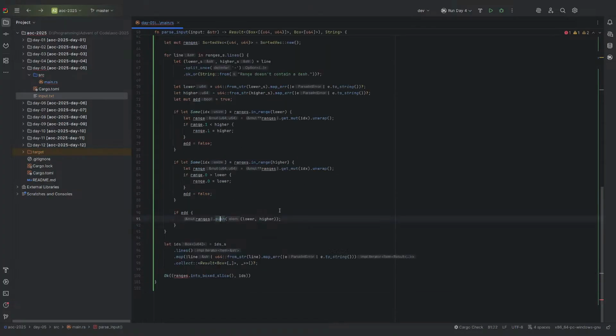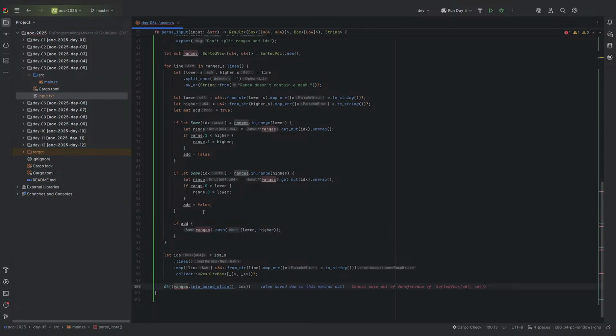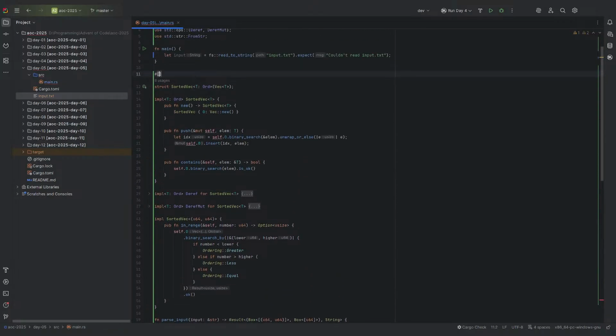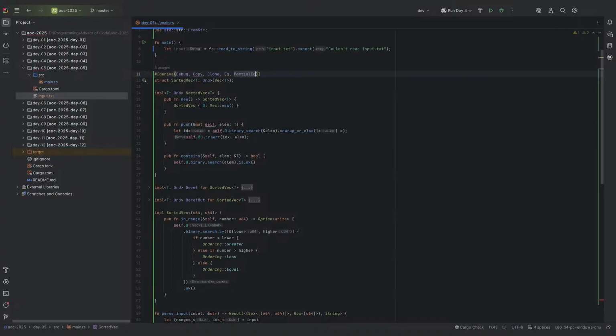This pushes at the correct index. Nice. Derive some stuff as per usual. Doesn't even copy, that's fine.